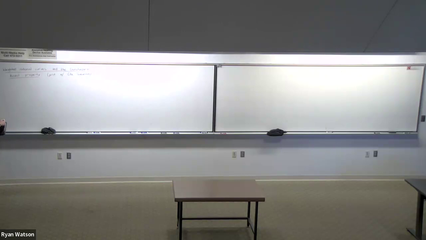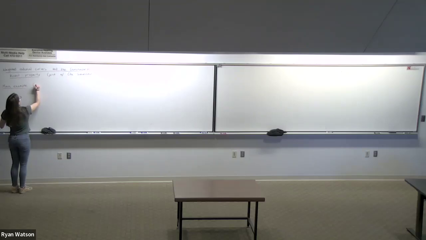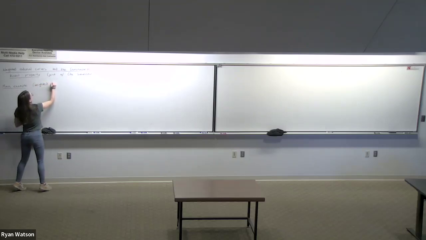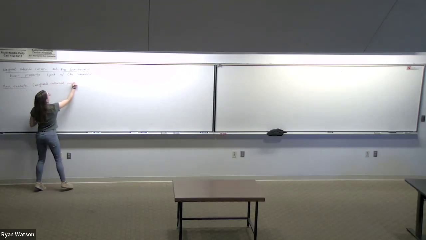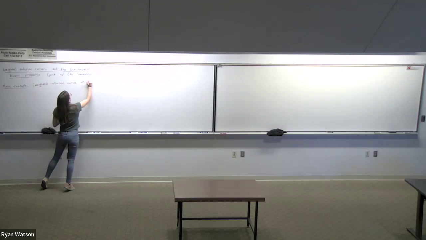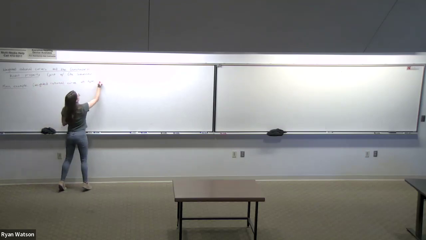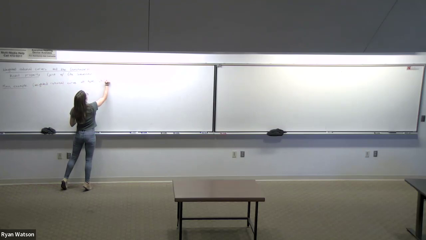I want to start by just giving you one concrete example of the kinds of objects that we're interested in. And I'll say that this is the weighted rational curve of type 3-2.